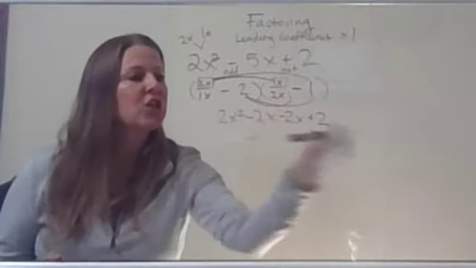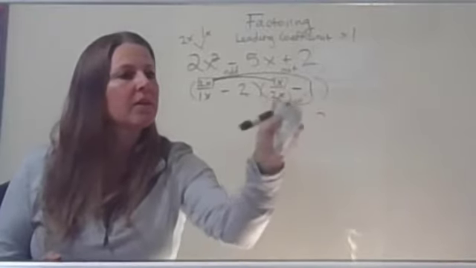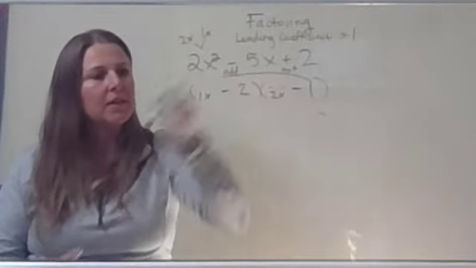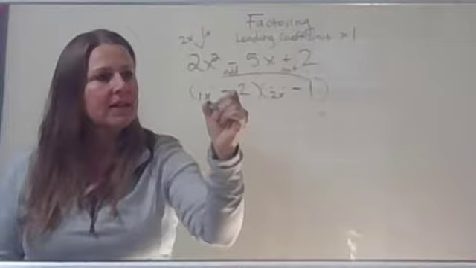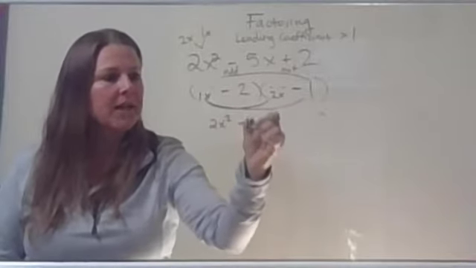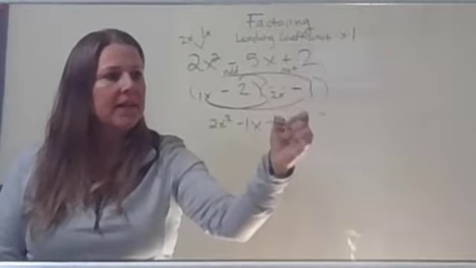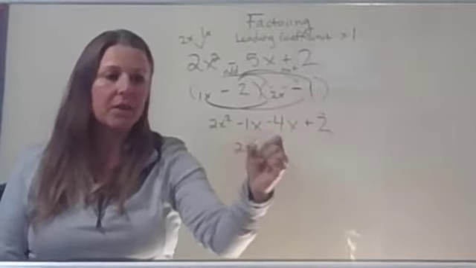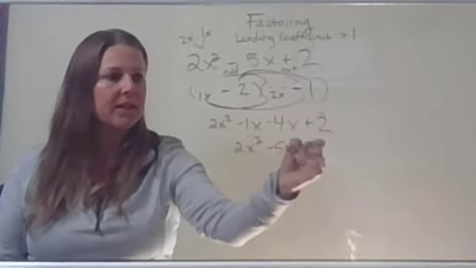So we're going to check the other one. So I'm just going to erase the top. So if this was 1x, we would have 2x squared minus 1x minus 4x plus 2. And that is the one that works, 2x squared minus 5x plus 2.